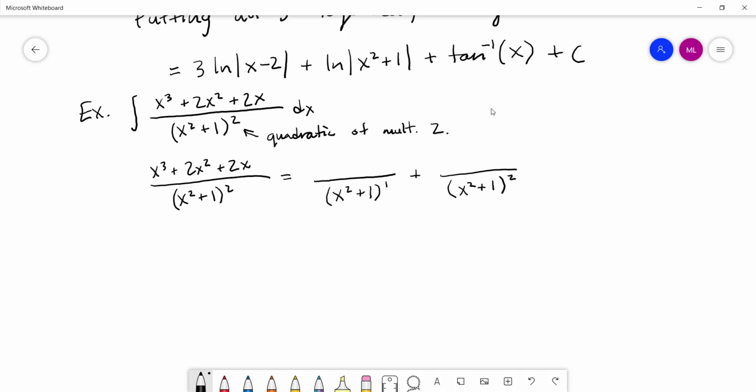This was our rule. And what goes on top, because they're quadratic, is going to be linear guesses in both cases. So ax plus b, cx plus d. And unfortunately, that's 4 unknowns.